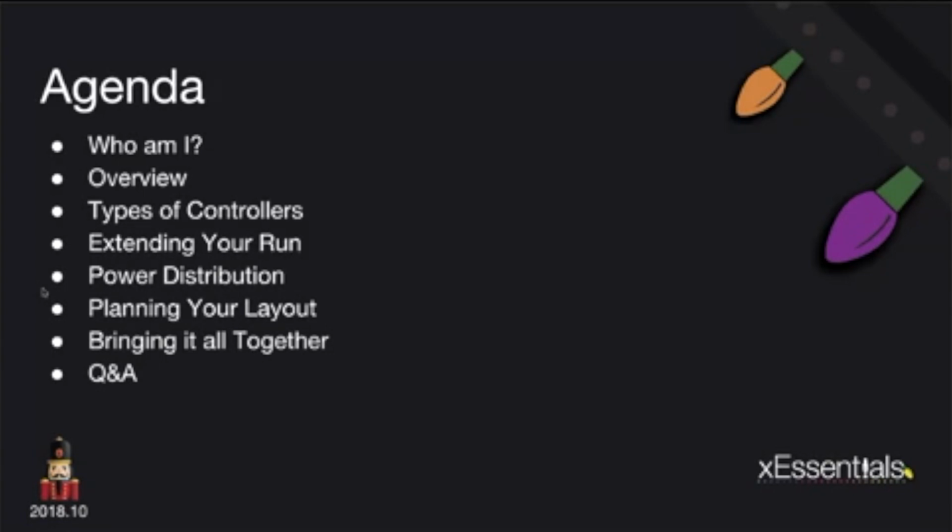Also power distribution. This dovetails into what Bill talked about a couple weeks ago with power injection. This is going to be on the supply side. And also planning your layout, which pulls together all the subject material that we've covered here, plus some things that we've done in previous xEssentials sessions, and a little Q&A at the end.